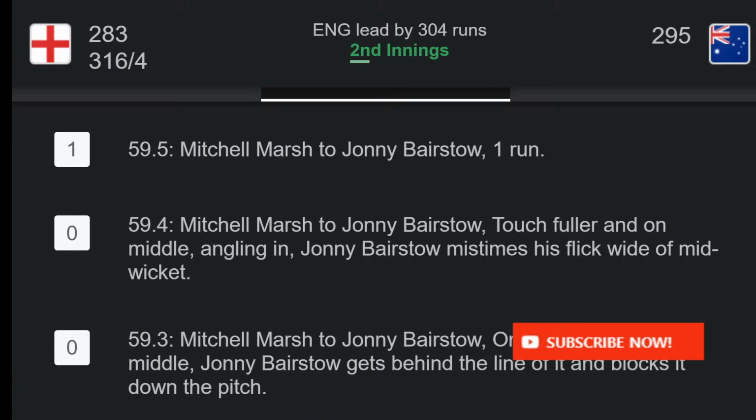So England now 316 for the loss of 4 wickets, and England lead by 304 runs now.